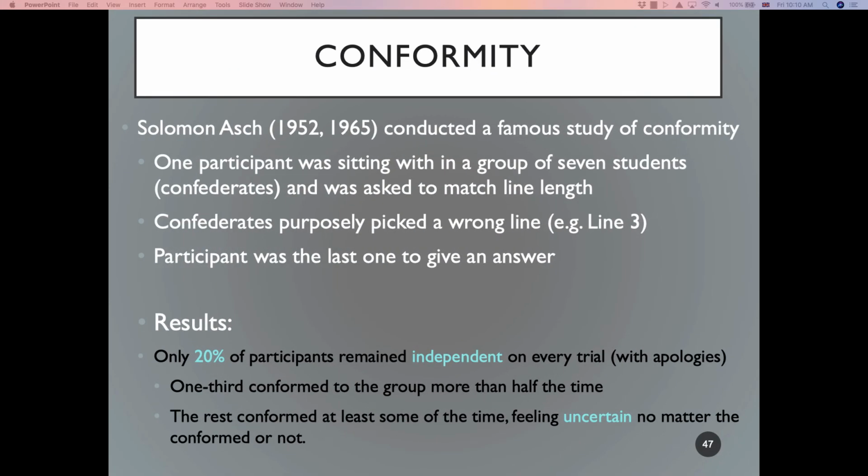Well, the results said that actually, yes, 80% of the individuals in this experiment conformed. They kept their own beliefs about whether that line was the same or not to themselves, and they said what everybody else was saying, no matter what they felt.